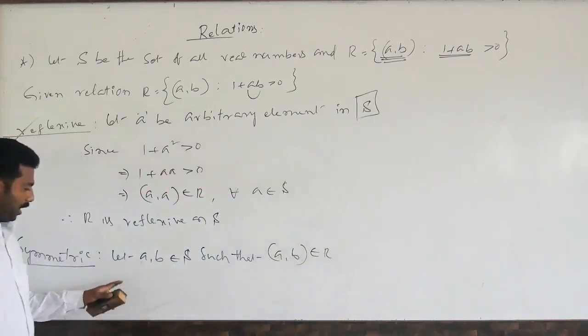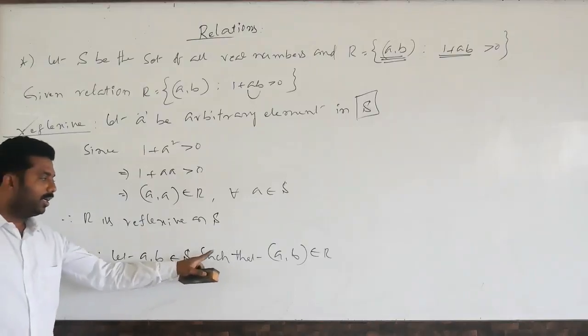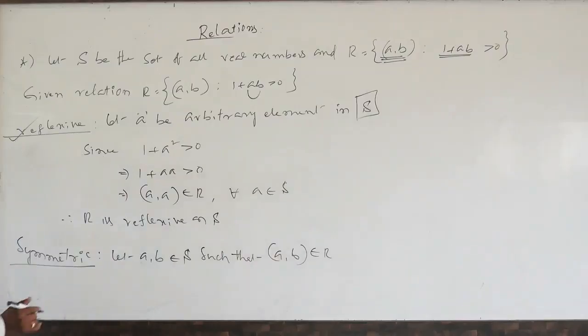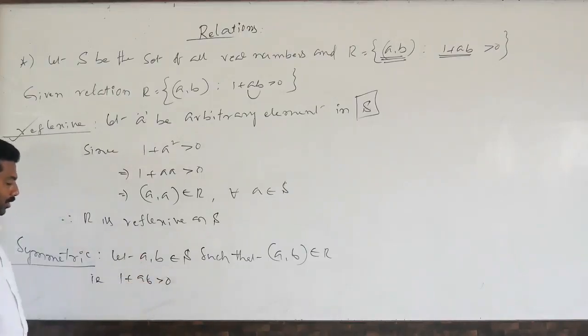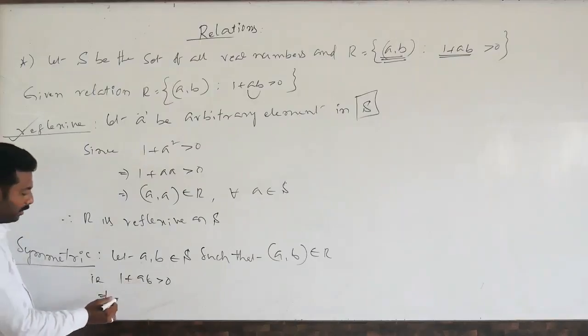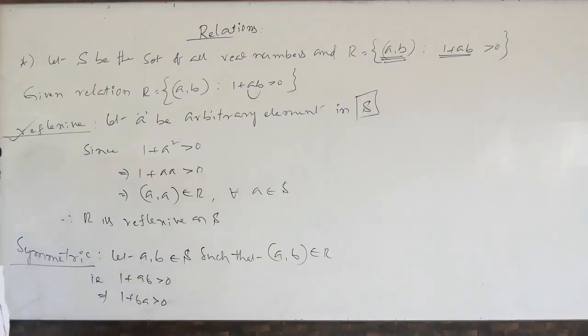See here, our assumption is A comma B, the two real numbers we selected, belong to capital R. A comma B belongs to capital R means what is the relation? 1 plus A into B greater than 0. So very clear, 1 plus AB greater than 0 means 1 plus BA is also greater than 0.